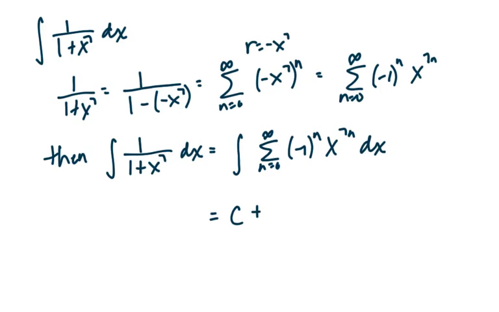And this gives us some constant plus, we keep the power series, and negative 1 to the n is a constant, and we get x to the 7n plus 1 over 7n plus 1.